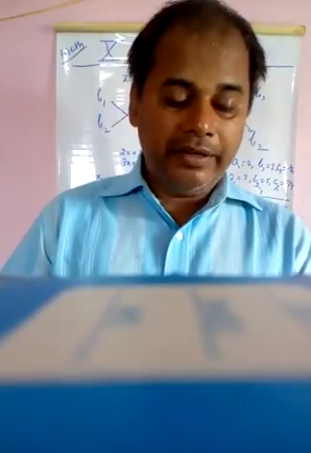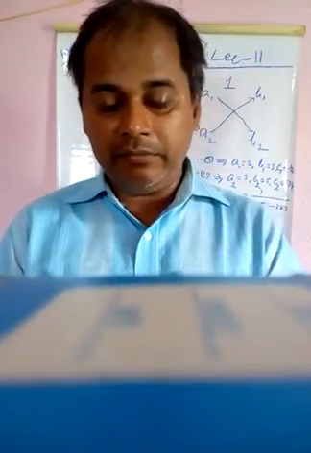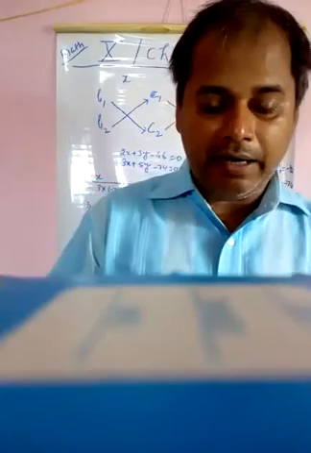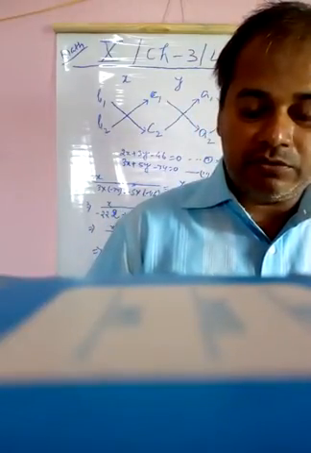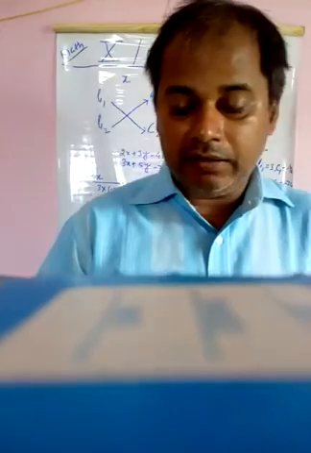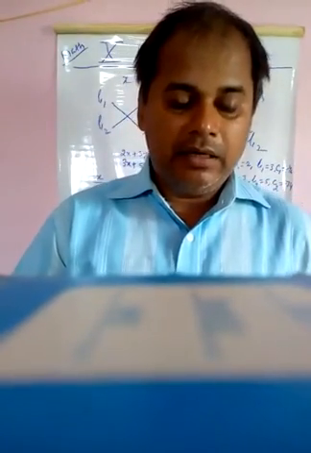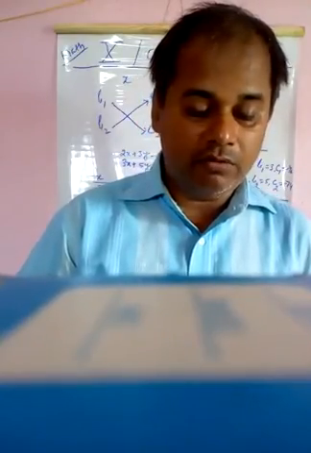Now example number 18. Solve the following pair of equations by reducing them to a pair of linear equations. Here 5/(x − y) + 1/(y − 2) = 2, and the other equation 6/(x − y) − 3/(y − 2) = 1.